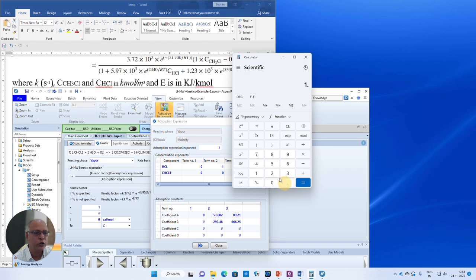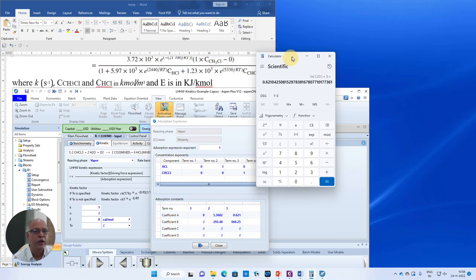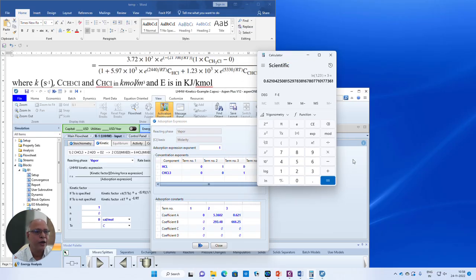So 1.23, ln is this value multiplied by 3. That is the value of A for the third term. And similarly, this one will be 5330 by 8.314. That is the value of B. 5330 divided by 8.314. Right?